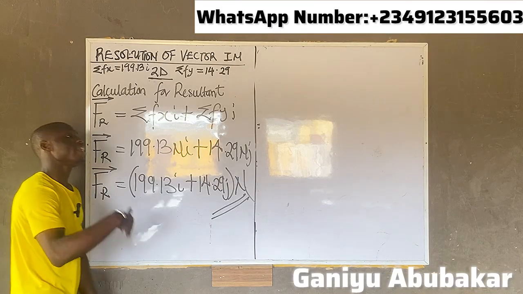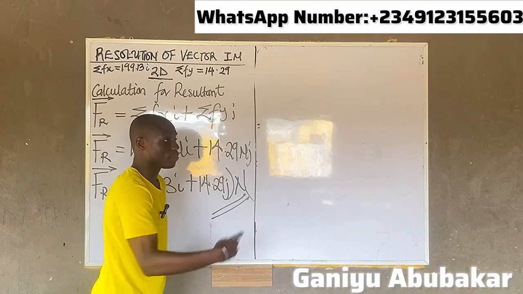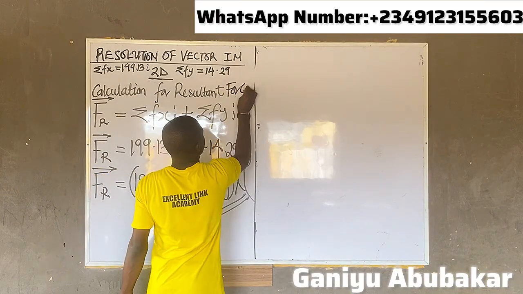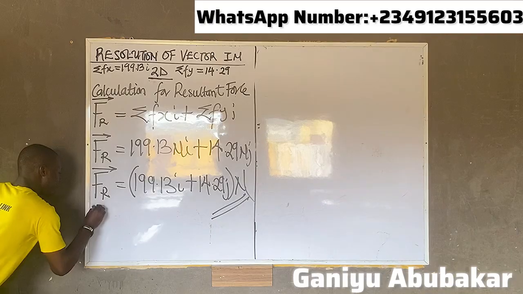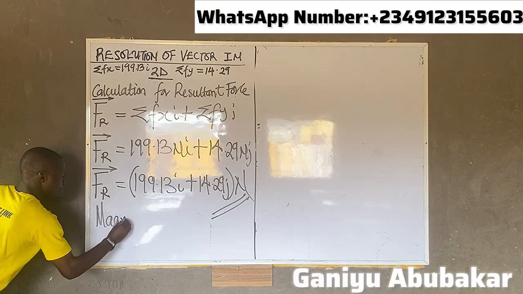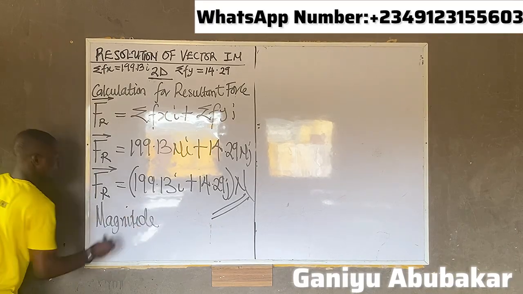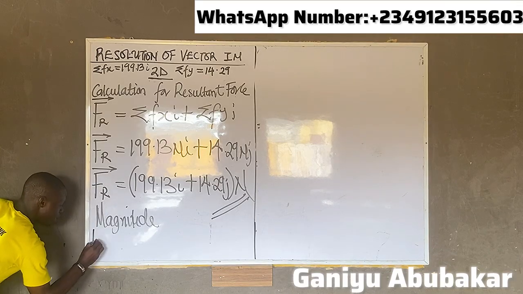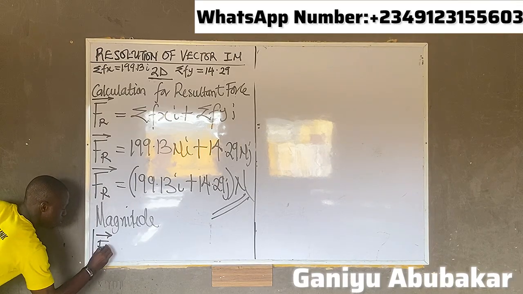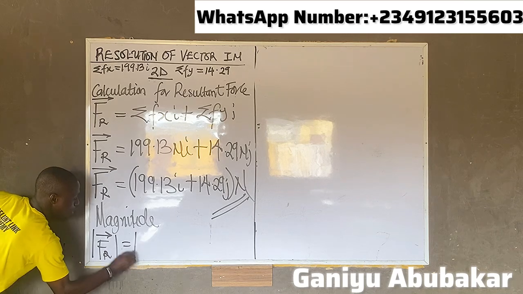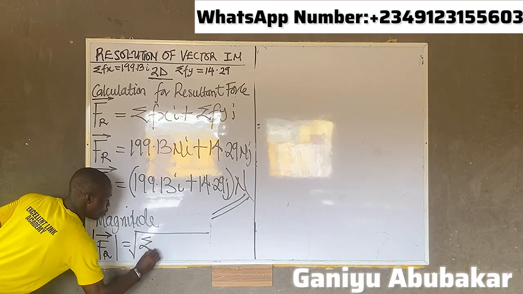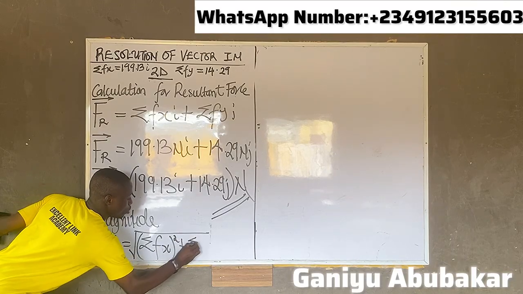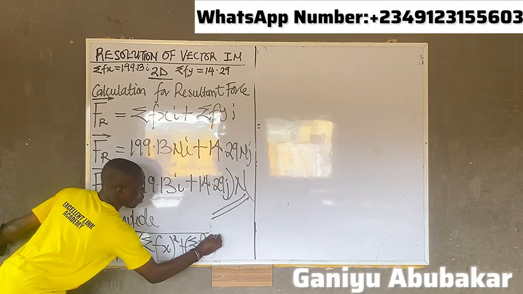And I said, let's look for the magnitude of this resultant force. So resultant force now, the value is this. Let's now get the magnitude of this force. For the magnitude, it's easy: the magnitude of resultant force is equal to the square root of summation f of x squared plus summation f of y all squared.